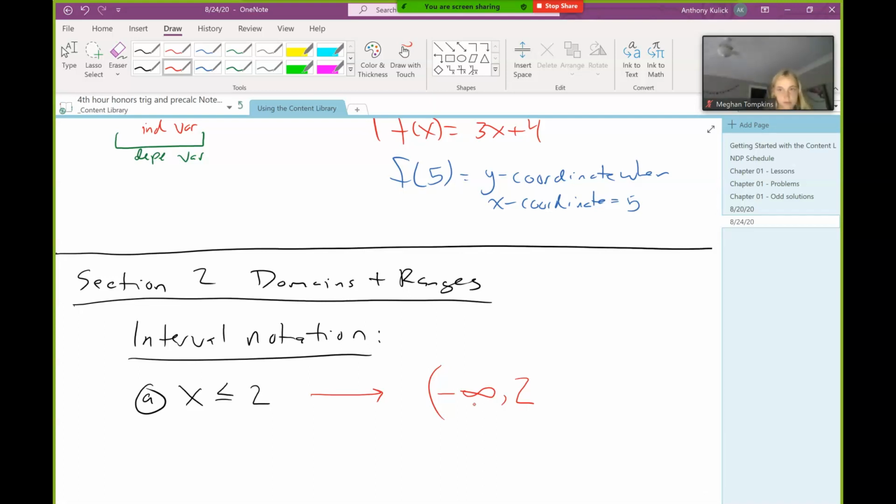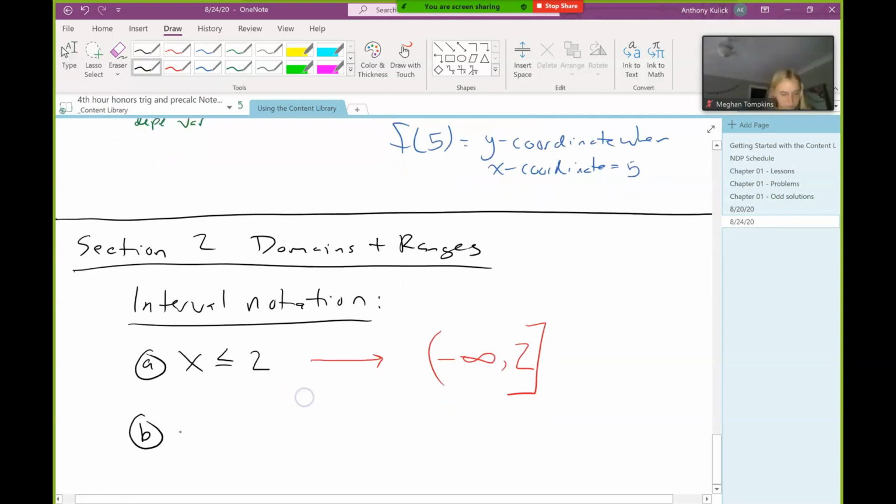If it's a strict inequality, we use the parenthesis. If it's an or equal to inequality, we use the bracket. So in this case, we use the bracket. Any questions on what we did there? Okay.